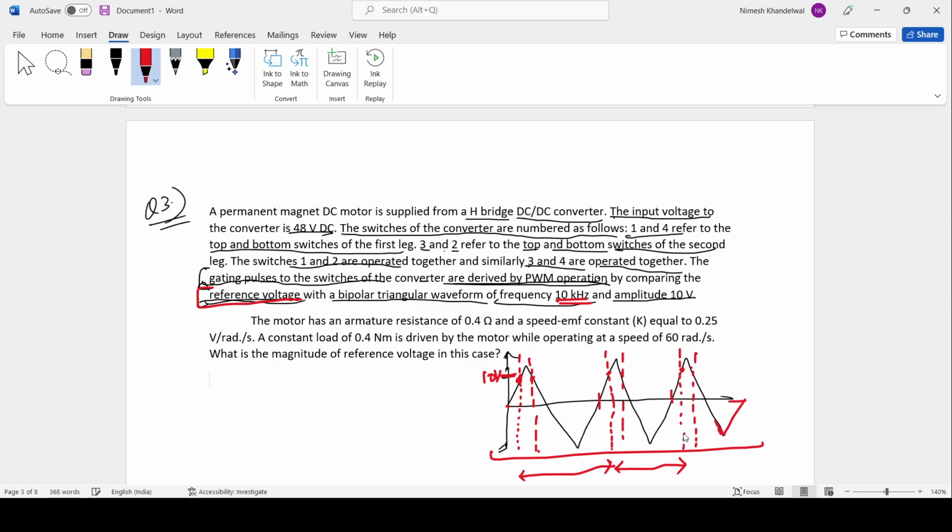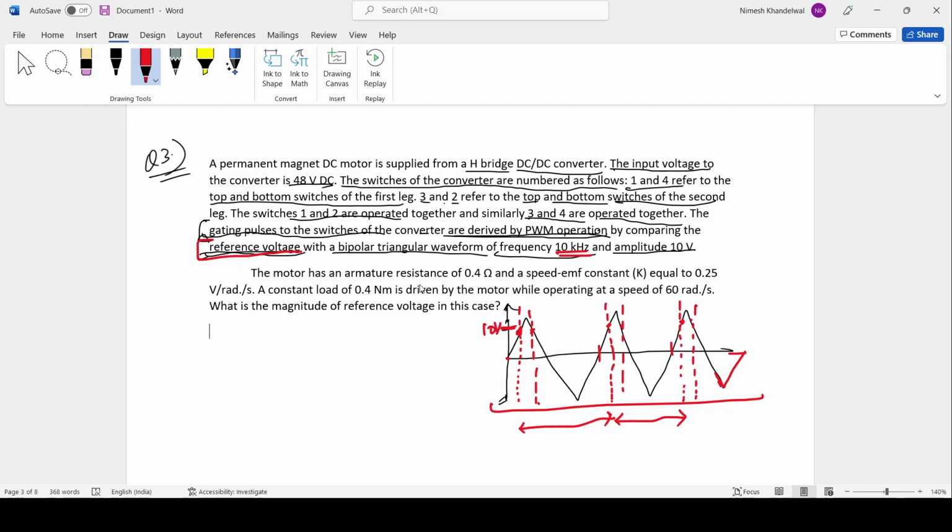Based on our reference signals, we can turn these on or off. That is the whole point of why we have been told what kind of signal is being used to generate the PWM waveform.